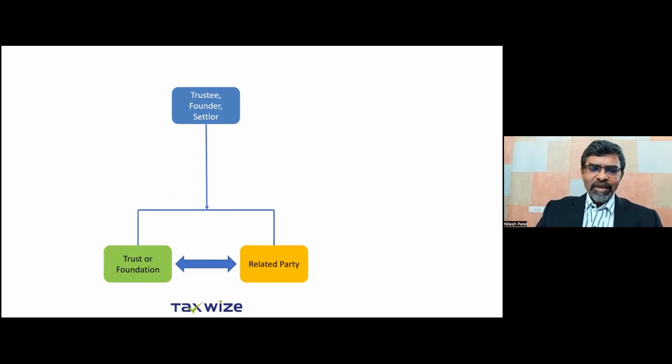In this case, the trust or foundation and its related parties under the foregoing criteria which we discussed, along with the trust or foundation, are also considered as related parties of the trustee or the founder or the settler of the trust. All these three types of persons are considered as related parties of each other.